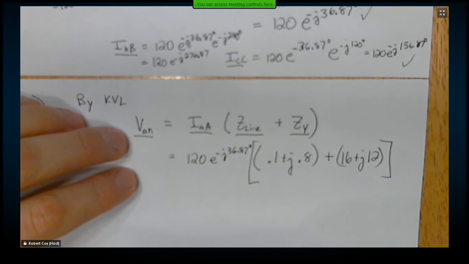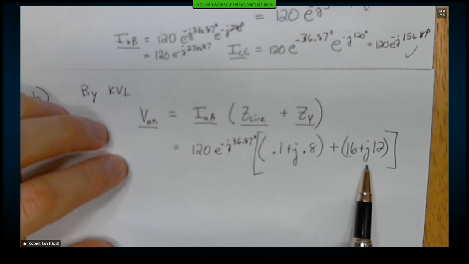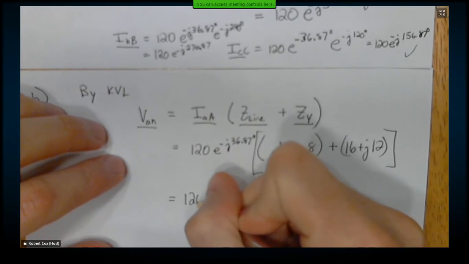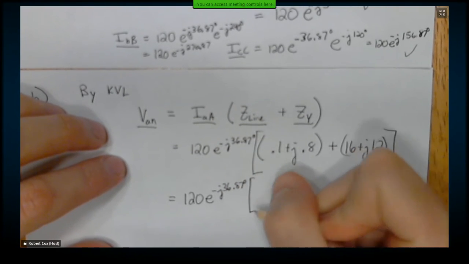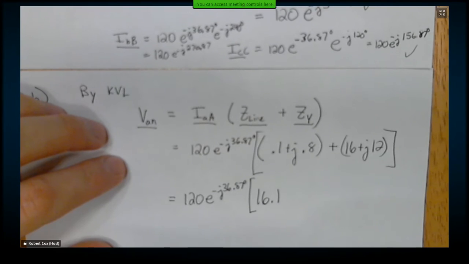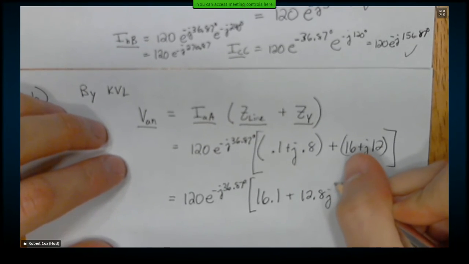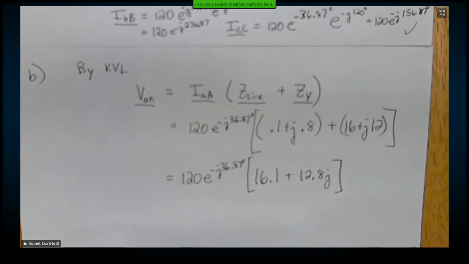So I have to figure out what to do here. The simplest thing is to convert this to polar coordinates. 120 e to the minus j 36.87 degrees becomes 16.1 plus 12.8 j. Let's convert that to polar.